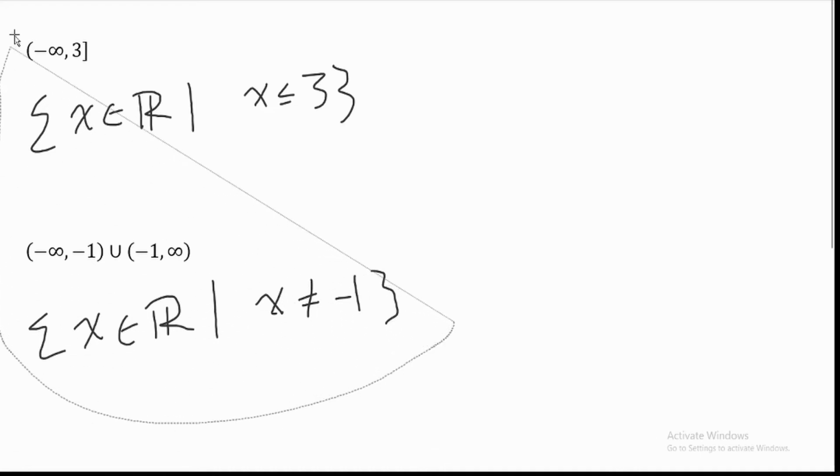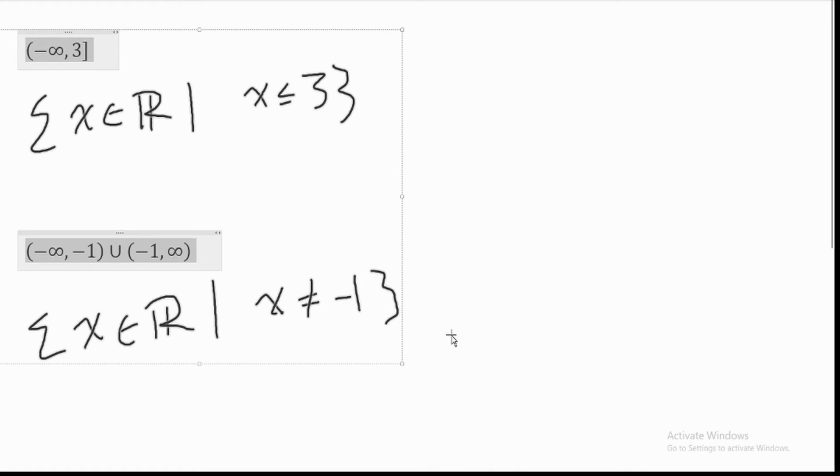So let me clear all this and paste this in. Okay, so now we have our set builder notation right here. So for the first one, we have x is an element of real numbers, of course, such that x is greater than 1 but less than or equal to 5.